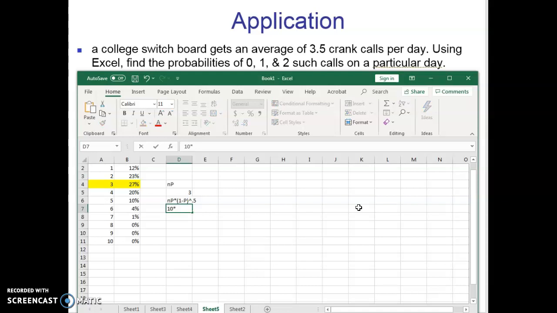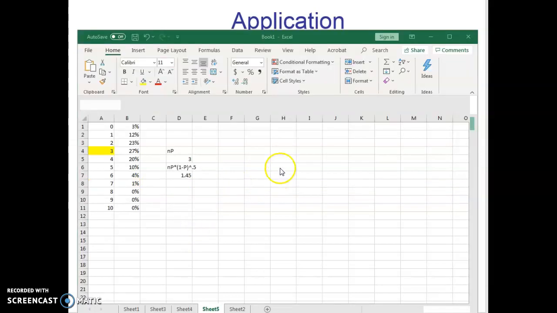We can multiply that by the probability of a success, which is 0.3. We can multiply that by the probability of a failure, 1 minus p, which is 0.7. And then we can take that, it's in brackets here, to the 0.5. And you get 1.44. Okay? Round that a little bit. 1.45.